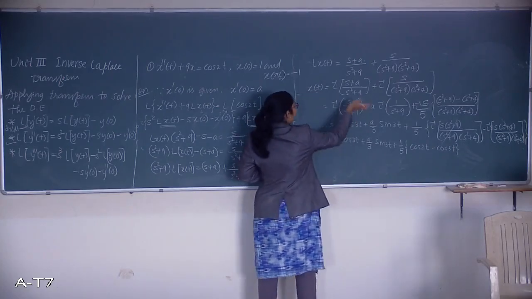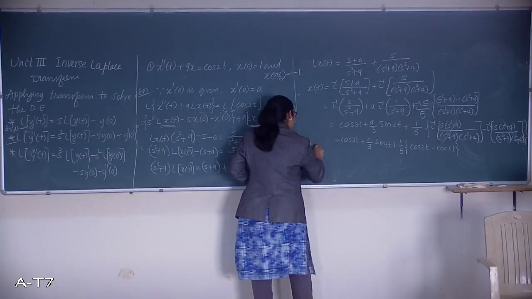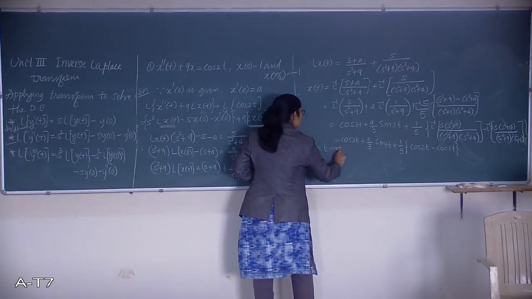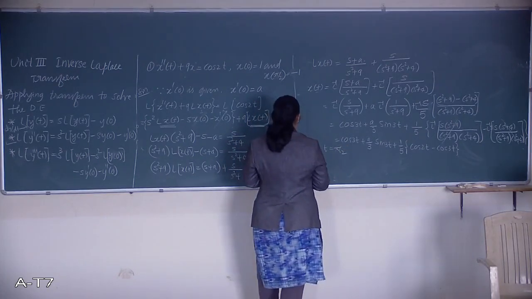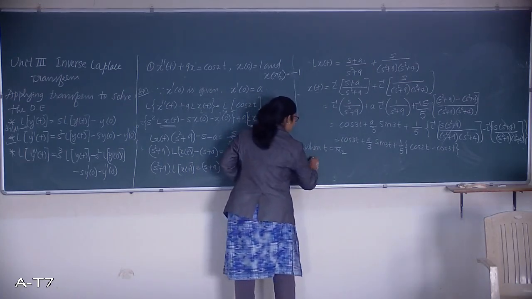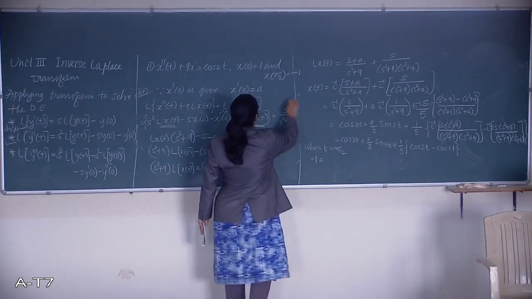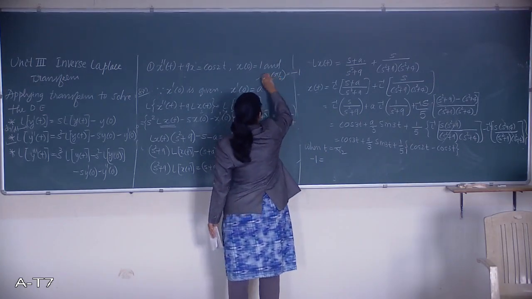So now we'll go for the conditions given, that is when t is pi by 2. The answer what we get here is, that is minus 1. Why minus 1? Because here x of pi by 2, this I am going to use.